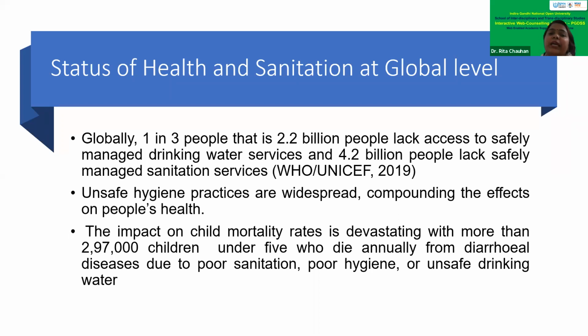The impact on child mortality is devastating, with more than 297,000 children under the age of 5, whom we call infants, dying annually because of diarrheal diseases. And these diarrheal diseases are due to poor sanitation, poor hygienic conditions, or improper or unsafe access to pure drinking water.